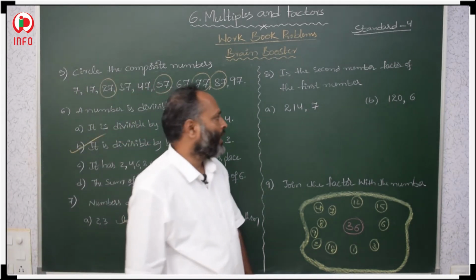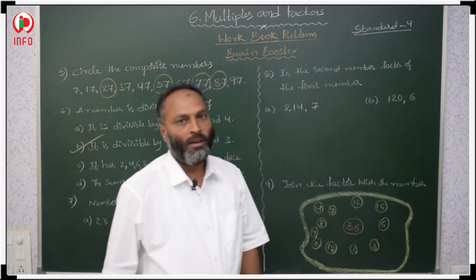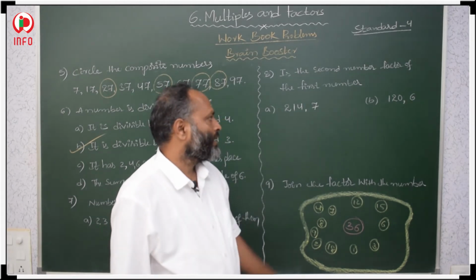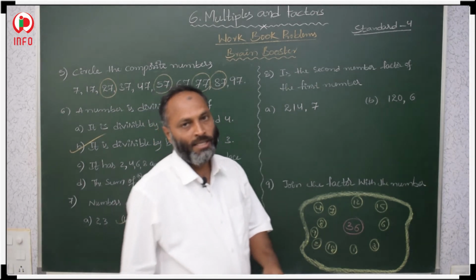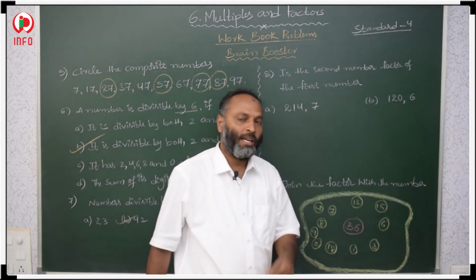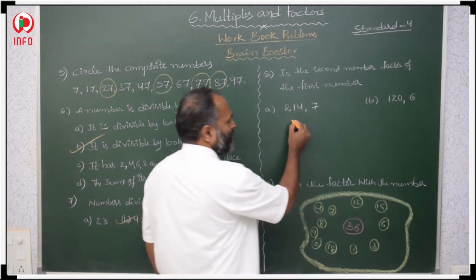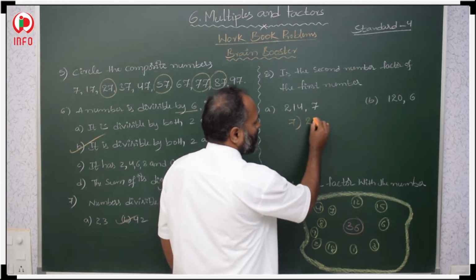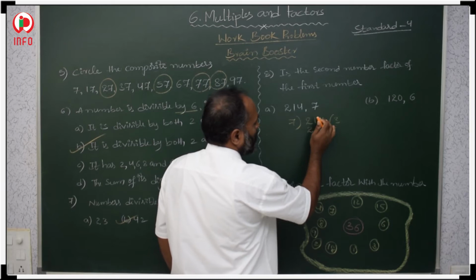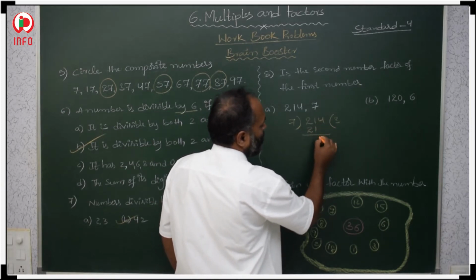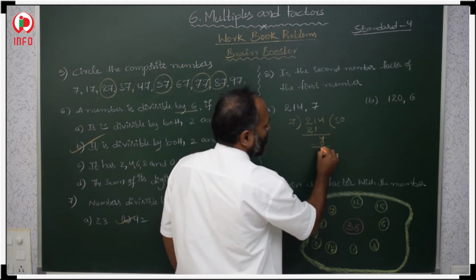Now here, the second number is a factor of the first number. How do we say whether it is a factor or not? We have to divide 214 by 7. If the remainder is 0, then it is divisible and it is a factor, otherwise it is not a factor. 7 divides 214: first 21, 7 threes are 21, then 4; 7 zeros are 0, 4 minus 0, 4 is left.